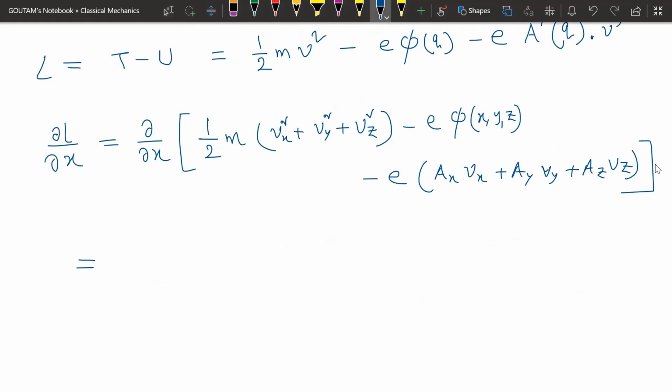In that case, the derivative with respect to x of this term will be 0. So we will get minus E del phi del x minus E del Ax del x times dx.